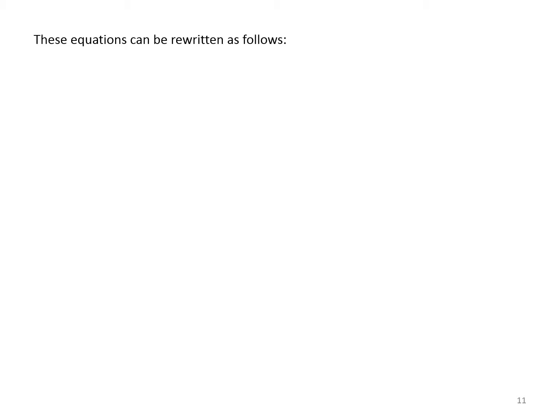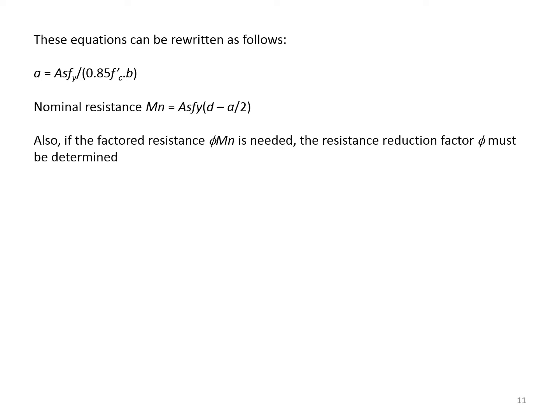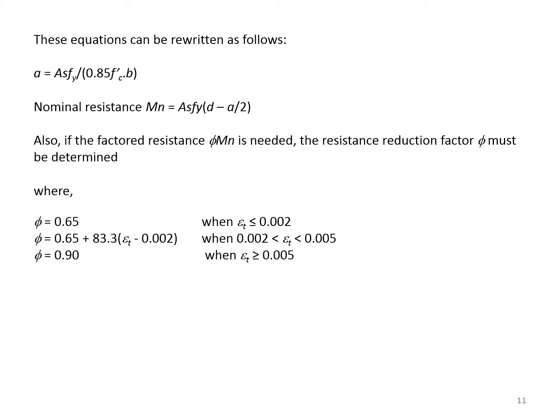These equations can be rewritten as follows. a is equal to As Fy divided by 0.85 f'c b. The nominal resistance Mn is equal to As Fy times d minus a over 2. Also, if the factored resistance phi Mn is needed, the resistance reduction factor phi must be determined.